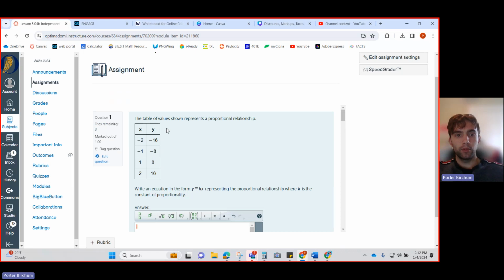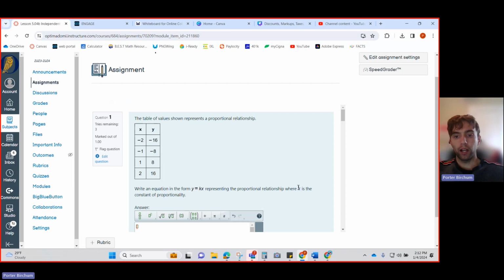Question 1. The table of values shown represents a proportional relationship. Here's our table, here are the x's, here are the y's. Write an equation in the form y equals kx, representing the proportional relationship where k is the constant of proportionality.